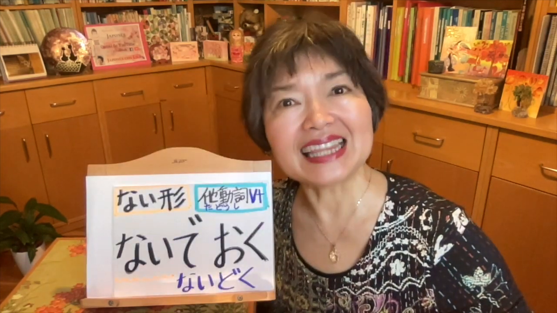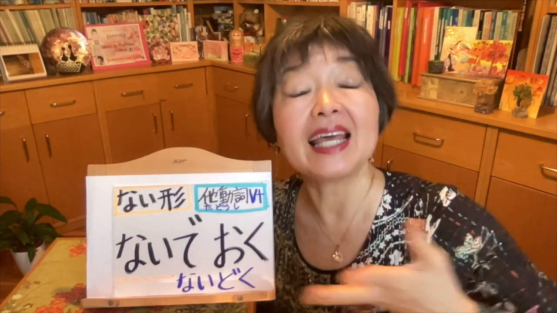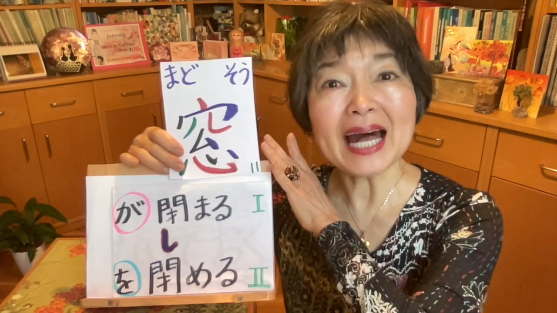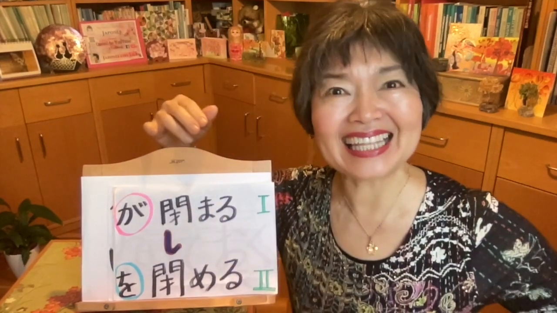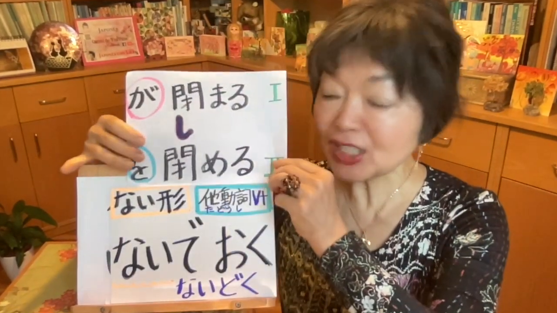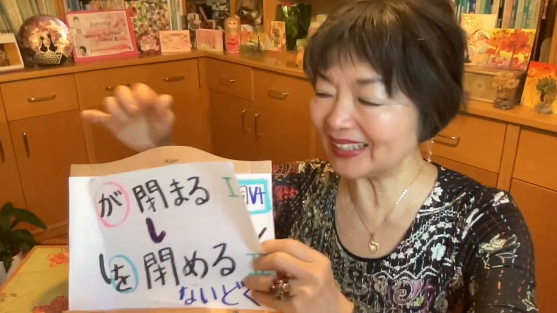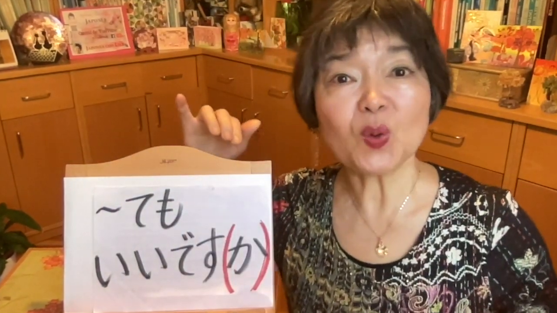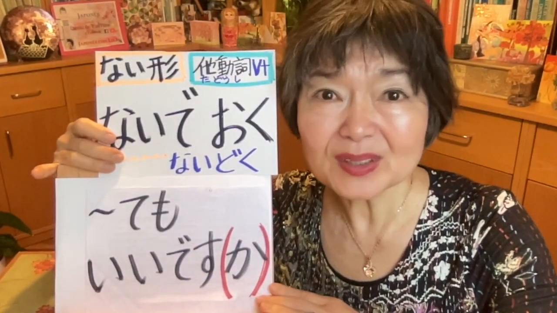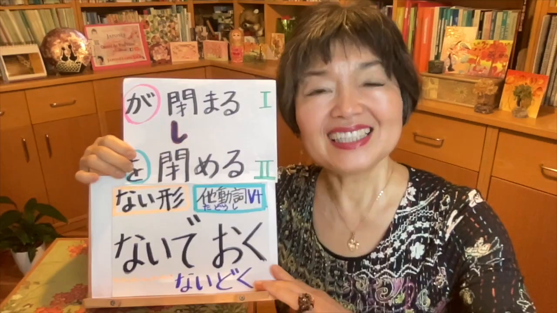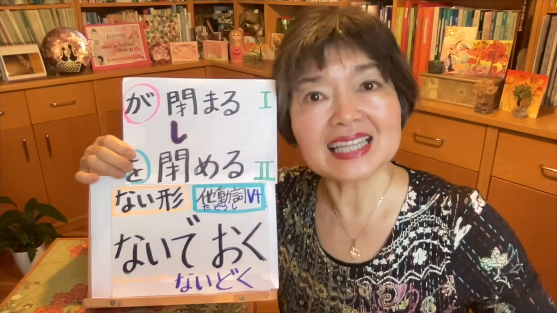But now let's think, how can we say it using ないでおく with the same meaning? 窓を閉めないでおいてもいいですか？窓閉めないでおいていい？ It's really very difficult to explain the difference because the meaning is the same.